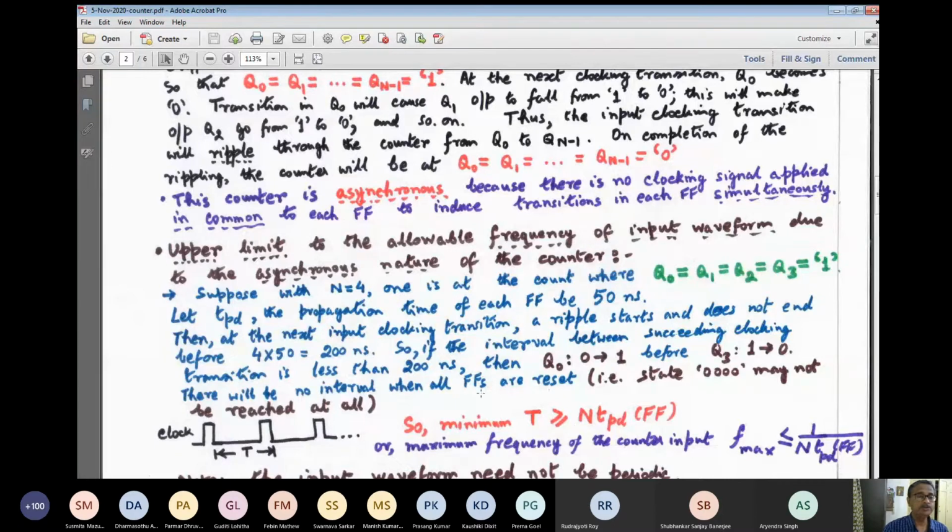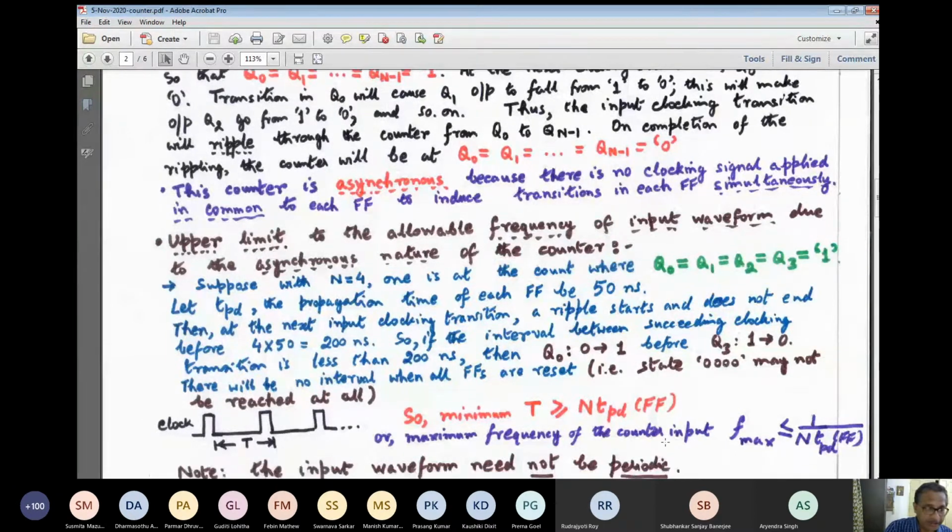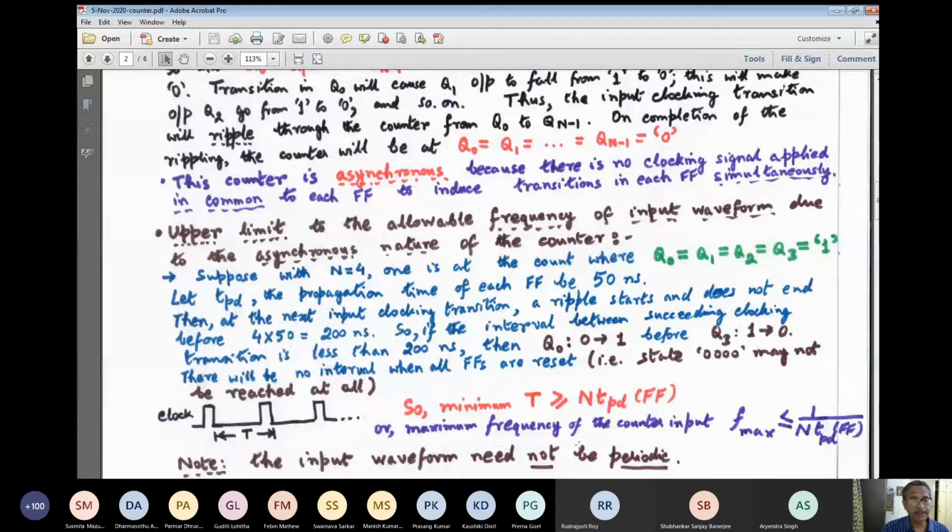This T should be greater than or equal to 6 times 50, or 300 nanoseconds. So for that the frequency will be even less. Frequency is inversely proportional to n, the number of flip-flops in cascade. Clear? And also the input waveform need not be periodic. That should be clearly borne in your mind.